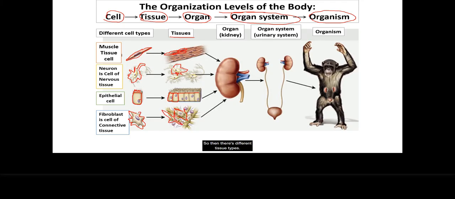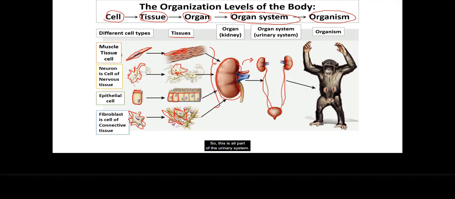Then these different tissue types usually organize in special kinds of layers, and this is how they will make organs. In this case, it shows kidneys. The kidney is an organ, and kidneys or organs will be organized in an organ system. In this case, we have kidneys, urinary bladder, urethra, and ureters.